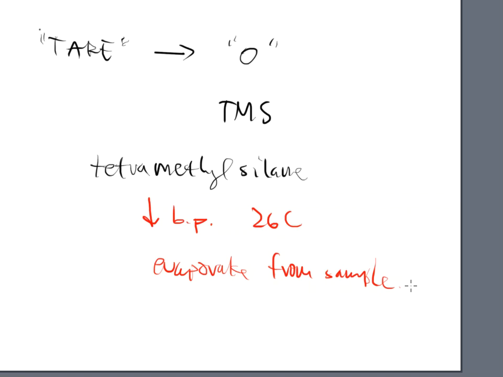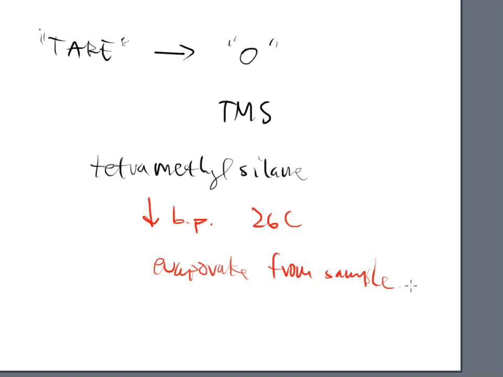If I'm going to tare the instrument, I can put TMS in the machine and tare it. I can also put TMS in my samples as well. At the end of this analysis, just a little bit of heat is all that I'll need, and that will be enough to drive off all the TMS that I have injected into my sample, leaving my sample undisturbed behind.